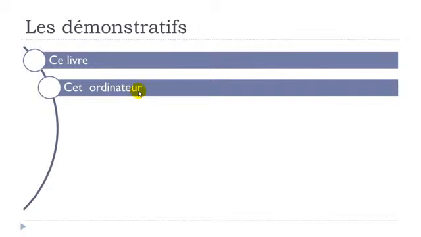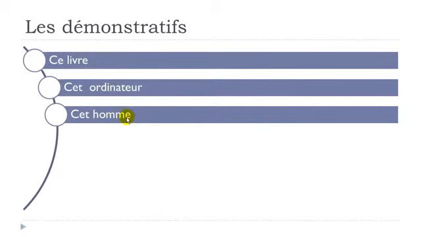Ordinateur is a masculine word, means computer. But if you look carefully, it starts with O, a vowel. So this ce ordinateur wouldn't be possible, so we've got to use the second option, as we saw previously, cet, written like that. Cet ordinateur, this computer.